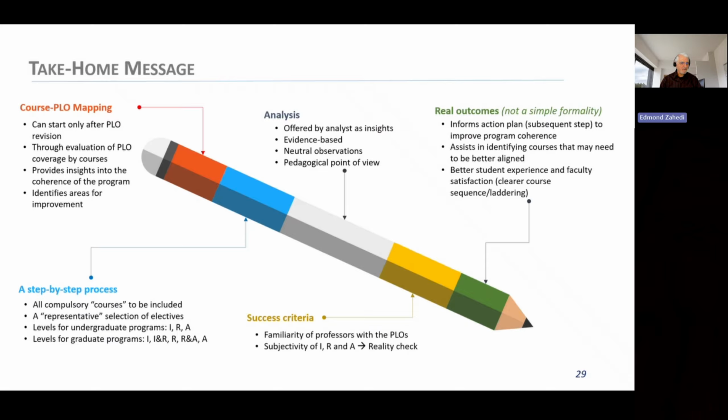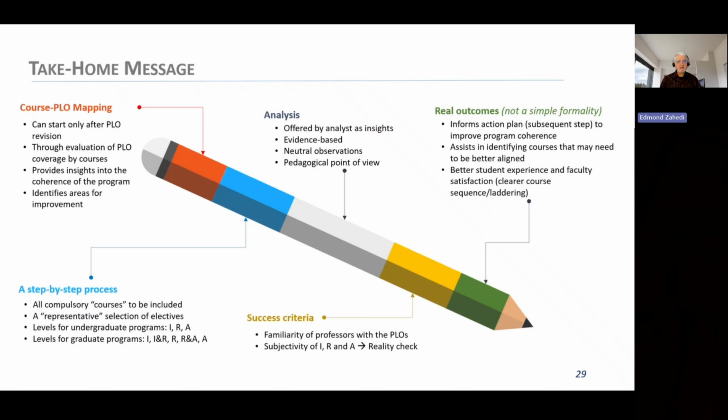Real outcomes like informing the action plan, which is the subsequent step to improve program coherence. If there is a need to improve program coherence, it can assist in identifying courses that may need to be better aligned. So again, we are not evaluating the courses, we are evaluating the alignment of the courses with the PLOs.